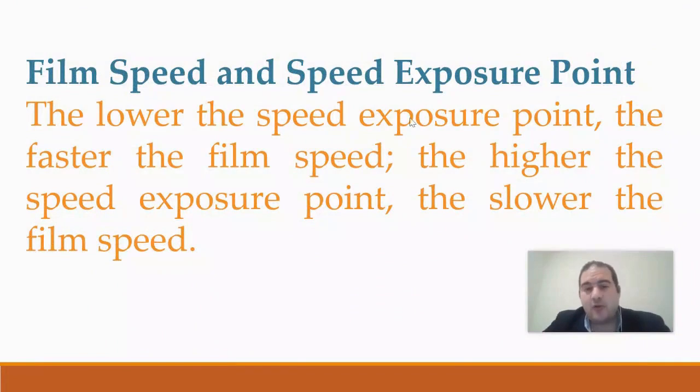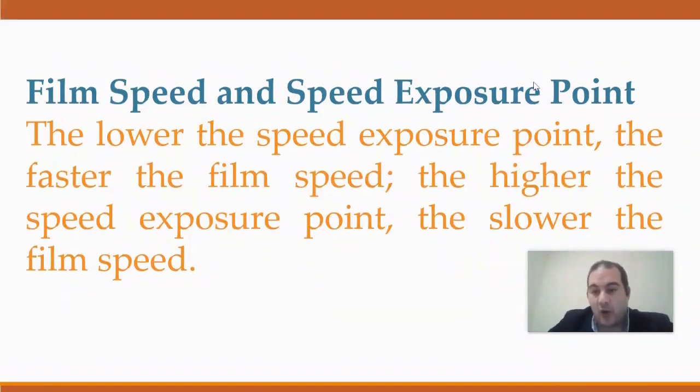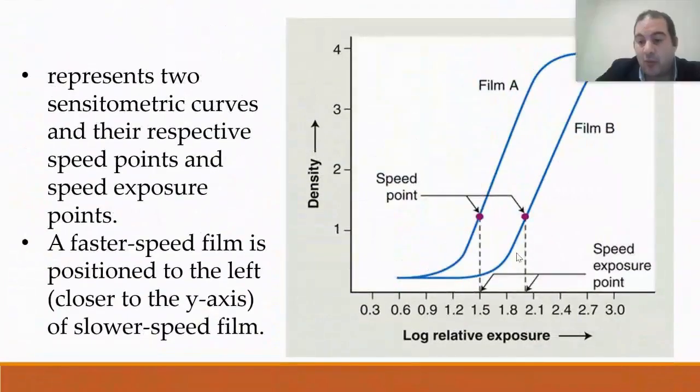The lower the speed exposure point, the faster the film speed, meaning that the sensitivity increases. When the exposure point on the x-axis is close to 0, you achieve optical density with a lower dose. In this case, a lower dose allows you to reach your optical density for image quality. Conversely, the higher speed exposure point corresponds to slower film speed, which reduces sensitivity.